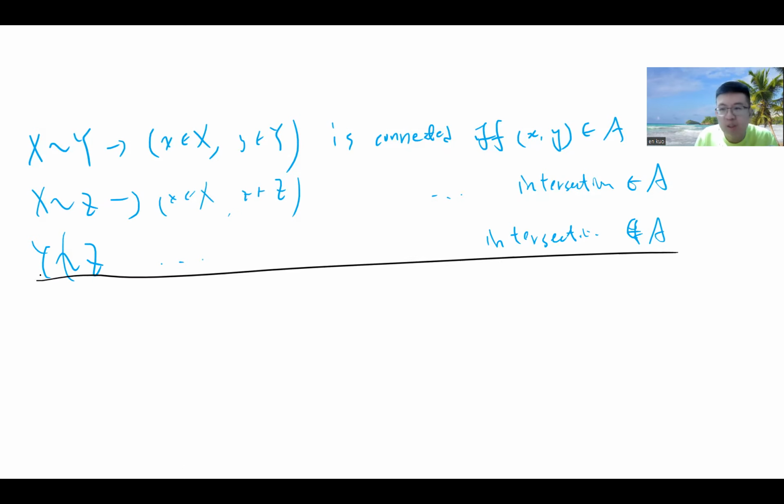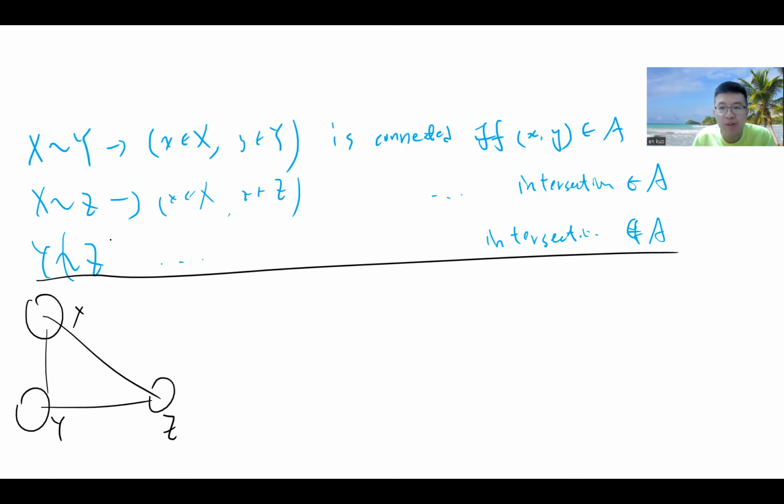But what's the meaning of a triangle? If we have x and y and z, and there is a triangle here, then it's very obvious that this triangle corresponds to a corner. This is simple, right?